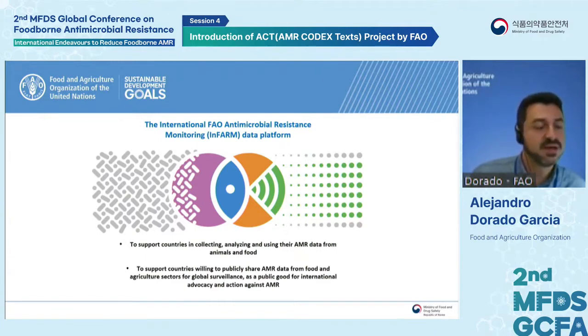Probably we will do a global launch next year, in which we will open a call for data in a similar way as the GLASS system is doing. So we are close to finalizing the pilot testing. As I said, during this year until the end of 2022, and then there will be this global rollout.